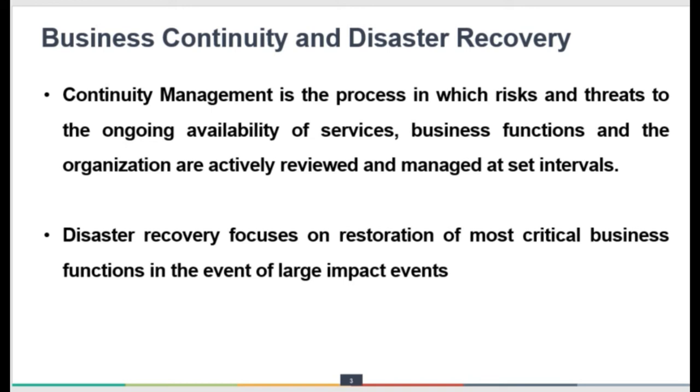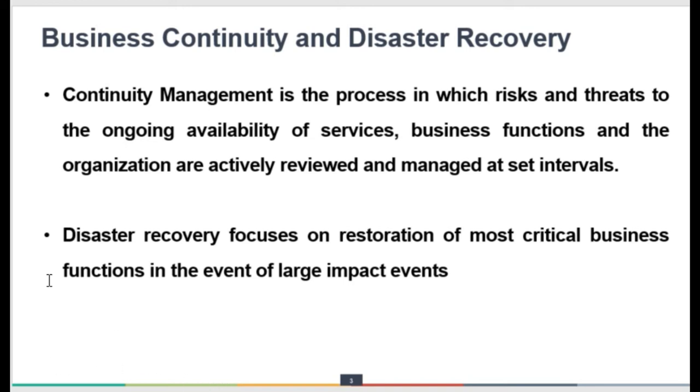So continuity management is the process in which the risks and threats to the ongoing availability of the services, business functions, and the organizations are actively reviewed and managed at set intervals. So the objective of the continuity management is to plan how to continue with these business assets, and how to ensure that they remain in service without any issue.